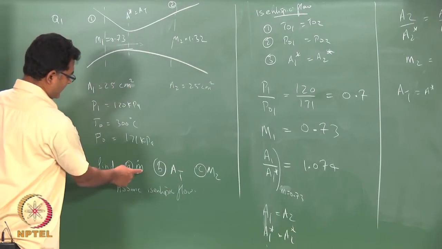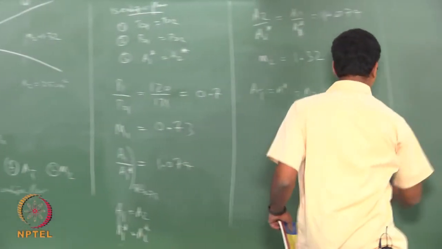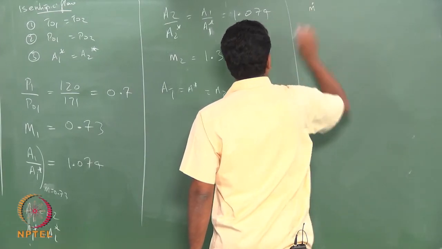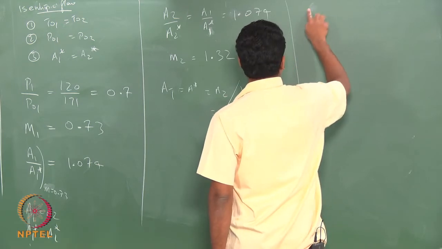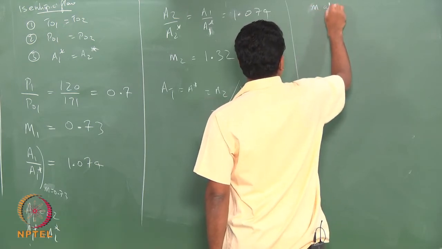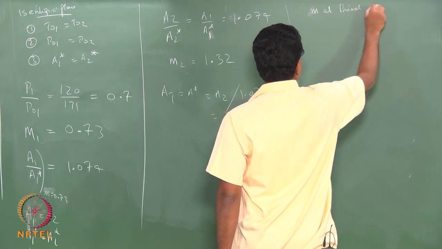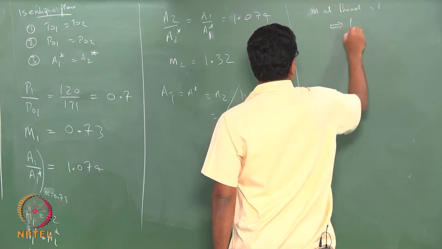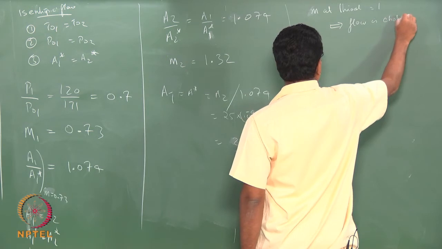I also need to find my m dot. So, m dot: the Mach number at throat is 1, implying the flow is choked, or the nozzle is choked.